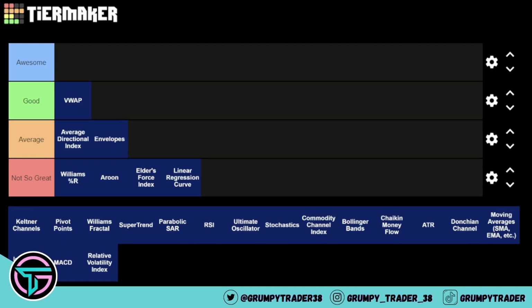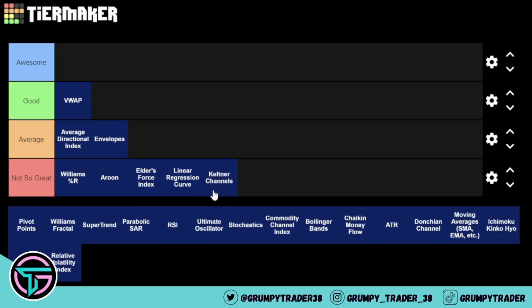But you can't lump them together, all in one. Because there are differences. There are enough distinct differences that I can't say that the strategy for one is a strategy that should work for all. So, I think the Keltner channels we need to relegate once again to our not so great tier.